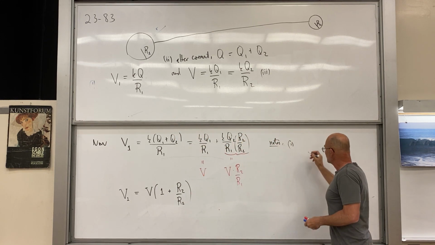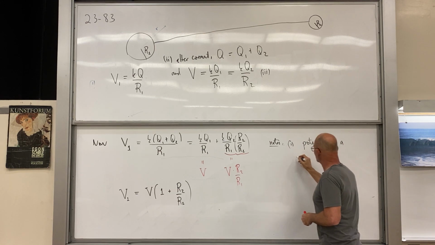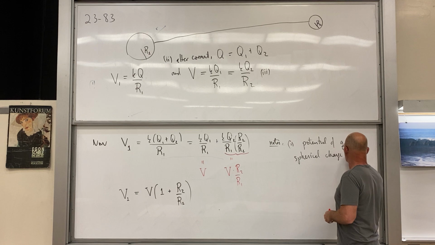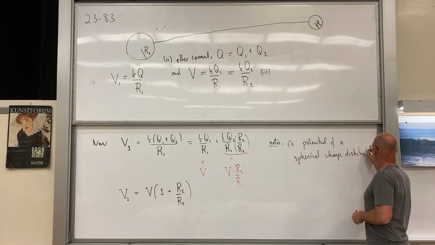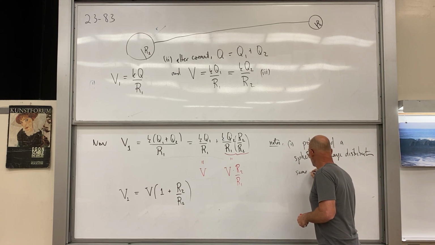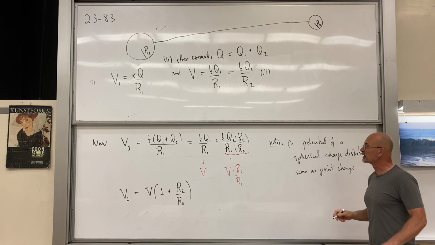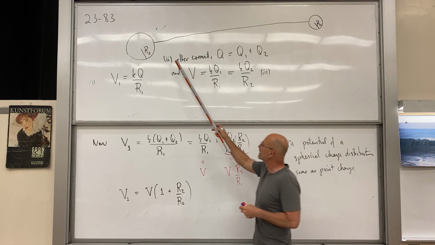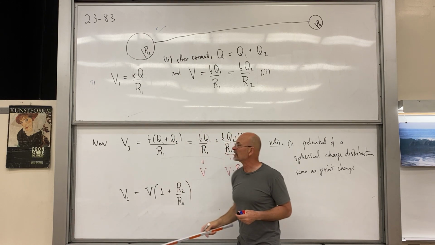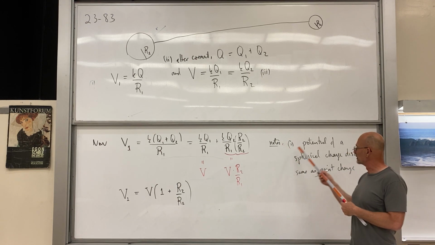So, potential of a spherical charge distribution is the same as a point charge if you're outside that distribution. Inside this spherical charge distribution, the E field is zero, the potential is constant. Okay? But if you're outside and coming to the surface at R1 is the limit of being outside.